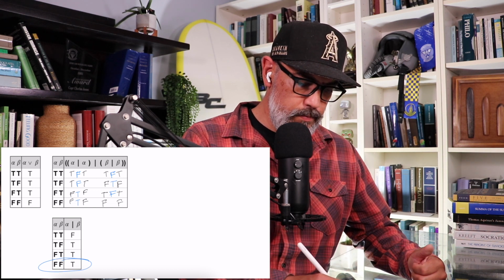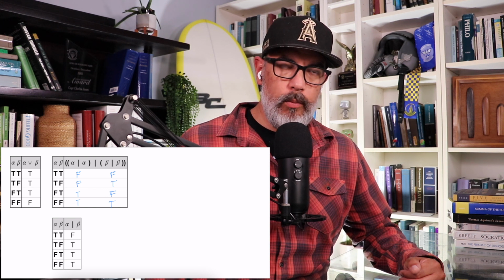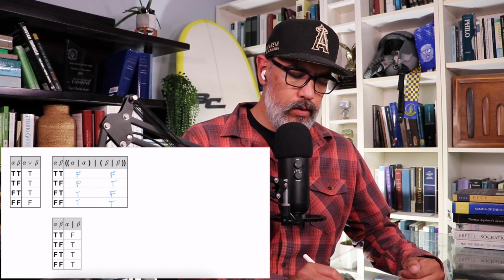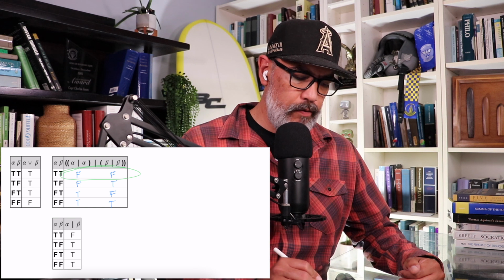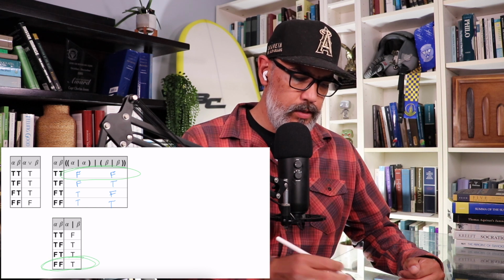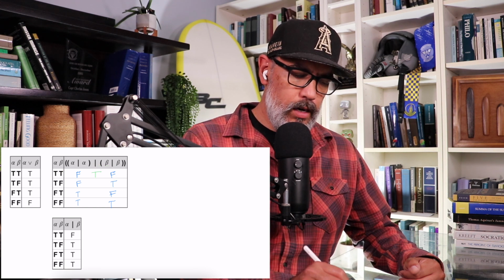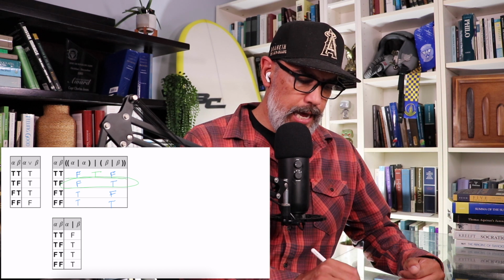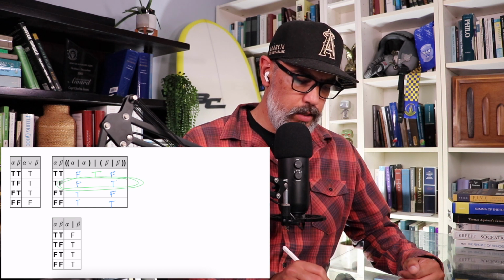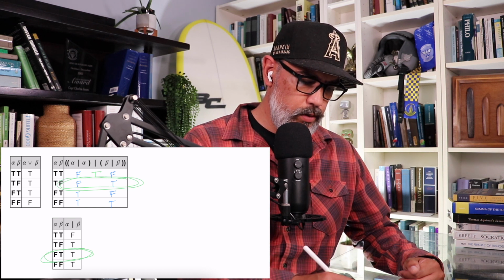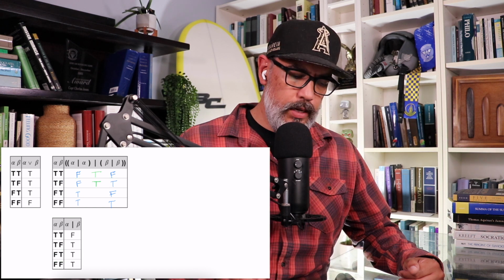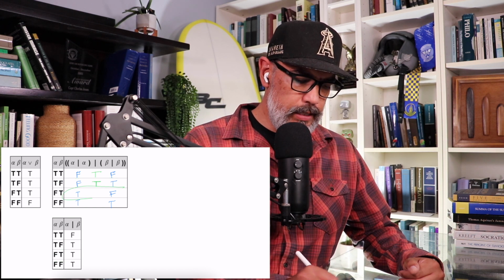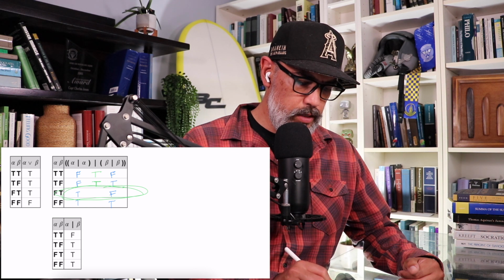Okay, now we're going to have to look row by row. On the first row, we have F and F, that is this guy right here. So it's true. On the second row, we have FT, which is this right here. So we get a true. In the third row, we have a TF, which is this right here.